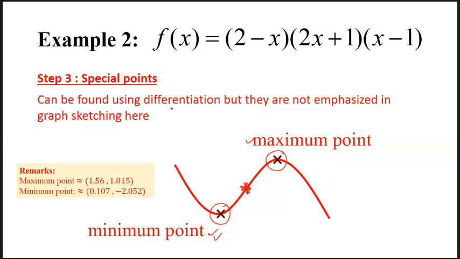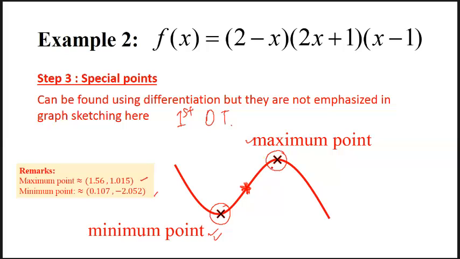If later you enter chapter 9, we are able to identify the maximum and minimum points and even the shape of the graph by using what we call the first derivative test. But once again, it's not emphasized here. So just for information, I already pre-calculated the maximum and minimum points with these coordinates.